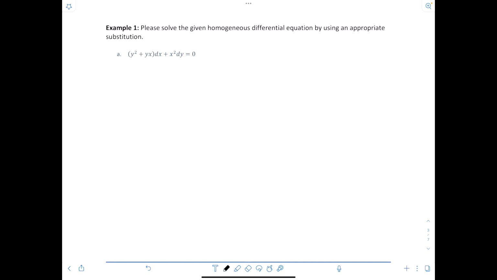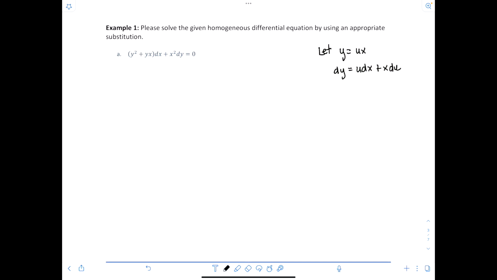So I'm going to start by saying let y equal u times x, and remember we get dy equals u dx plus x du using differentials.